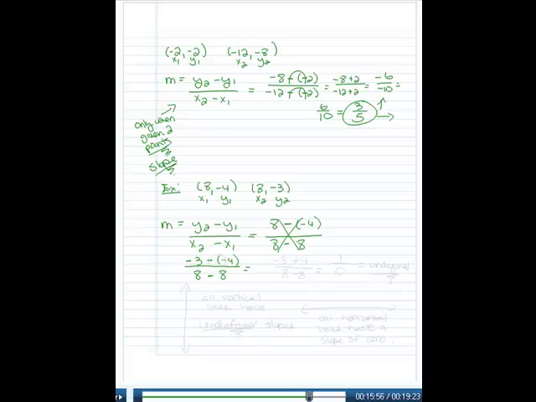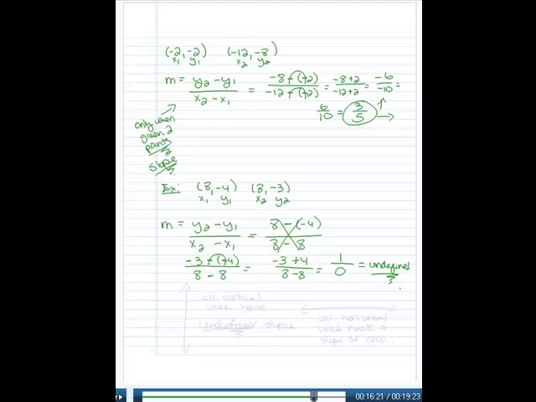So we can see that this negative makes this negative a positive. So I end up with negative 3 plus 4 divided by 8 minus 8. Negative 3 plus 4 I know is 1. 8 minus 8 is 0. So anything that's divided by 0 is undefined. Now that means something special when it comes to graphs.